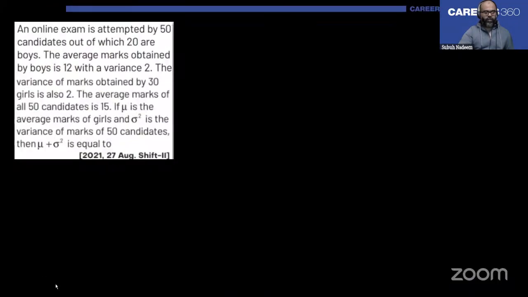Okay, now let us come to the next question. What it says: an online exam is attempted by 50 candidates, out of which 20 are boys and the rest 30 are girls. The average marks obtained by boys is 12.